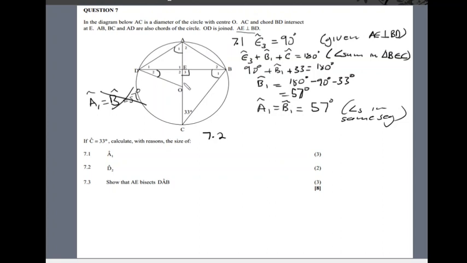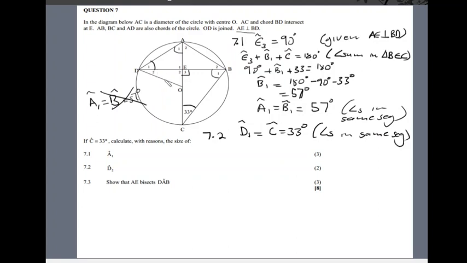So if you look at angle D1 and C, those are angles in the same segment also, right? Angle D1 and C are angles in the same segment. So ngizoti D1 is equals to angle C is equals to 33 degrees, reason angles in the same segment, right?